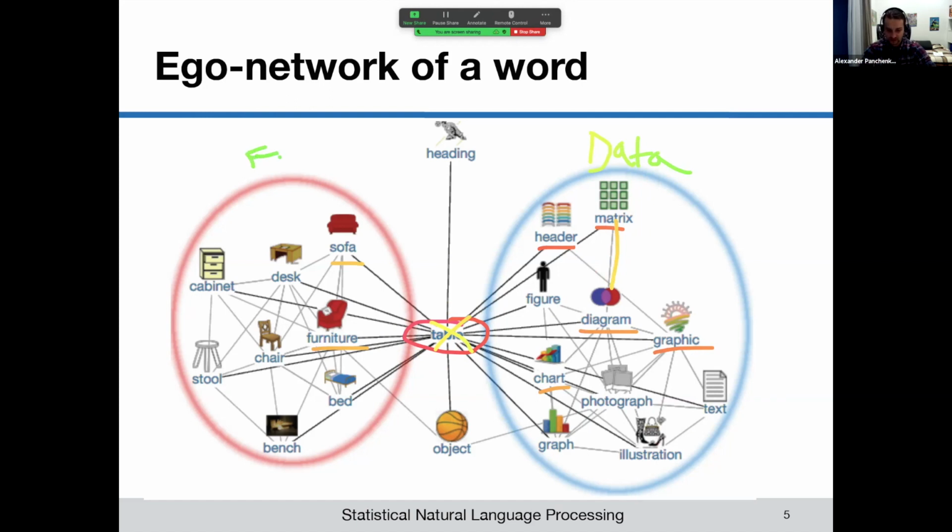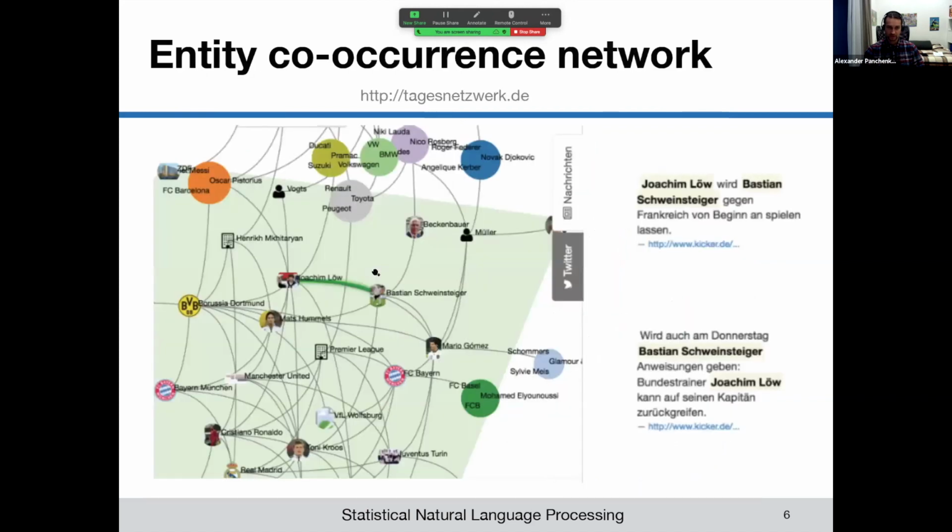This might be very useful for deriving word senses automatically, and people actually do use these representations for analysis and automatic induction of senses of different words. And again, you rely on this graph metaphor here.